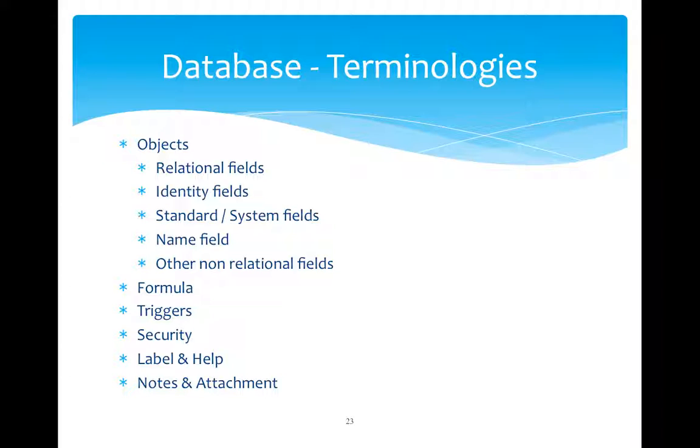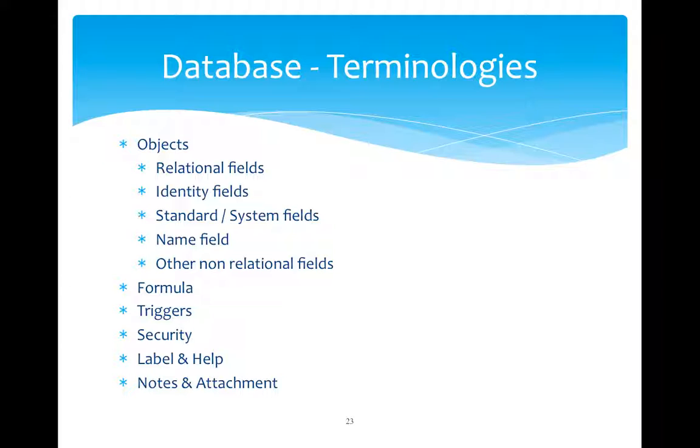Like in a traditional database system, we have a table to store the data, and a table stores data in rows and columns. Rows represent data, and the columns are the fields which hold the data for a particular record.